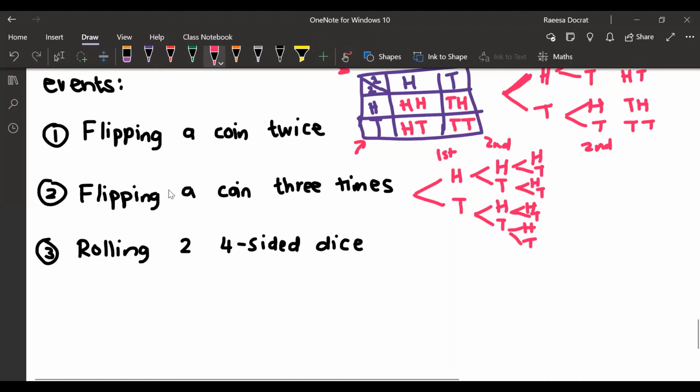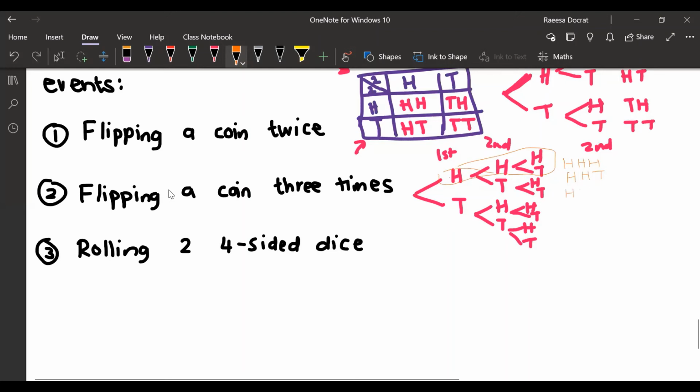So the first combination could be head, head, head. So you get heads 3 times. You could get head on the first, head on the second, and tail on the third. So heads, heads, tail. So we finished this branch over here. So let's move on to this path.